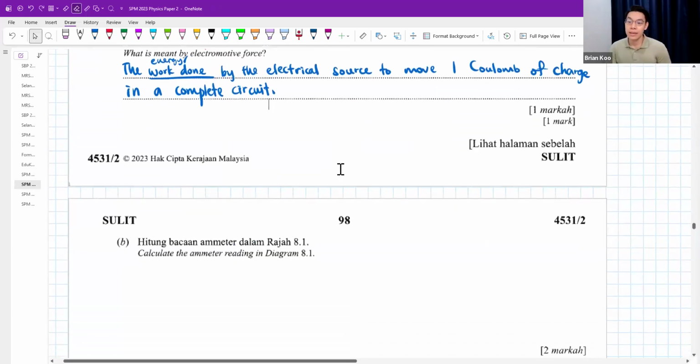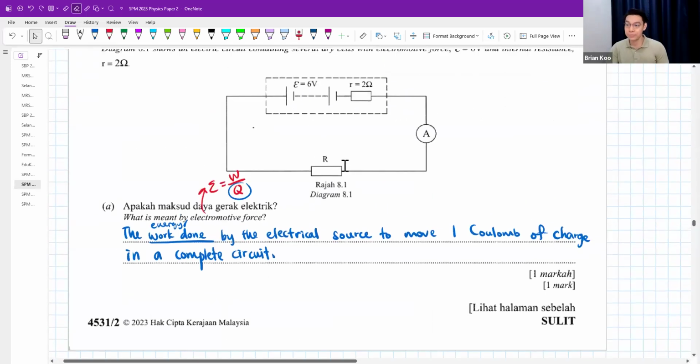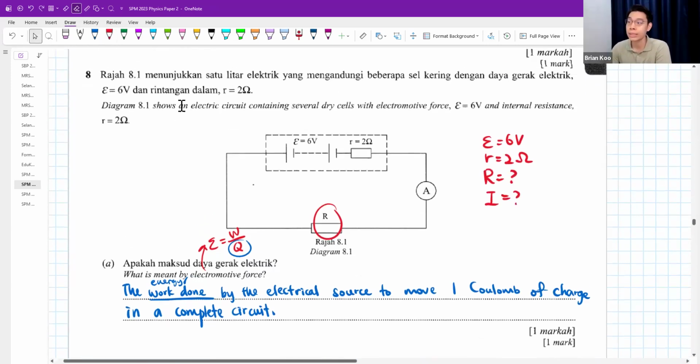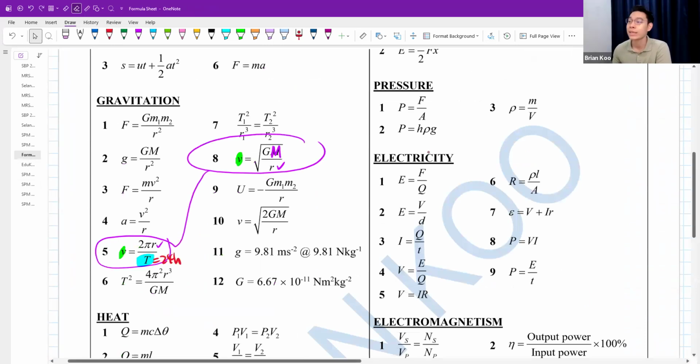Okay, then calculate the ammeter reading. We have so far e.m.f is 6, r is 2 ohm, R we don't know, and then they want you to find I. Whenever there is a small letter r, internal resistance involved, there's only one formula that you can use for electricity.